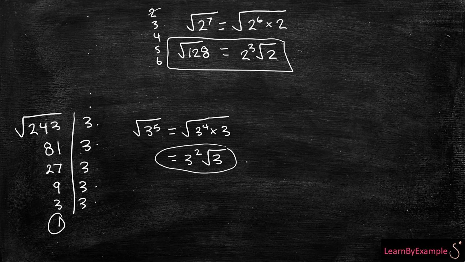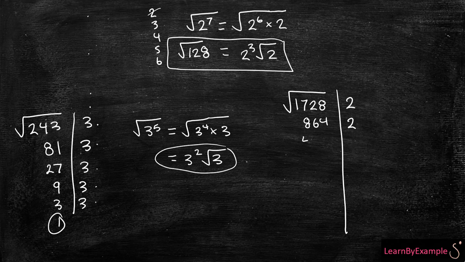Now, say we have a very large number, like the square root of 1,728. And we do this, so you can divide that by 2, and that gives you 864.